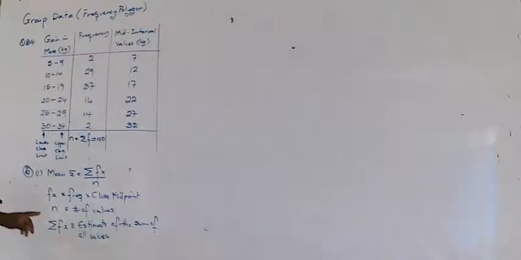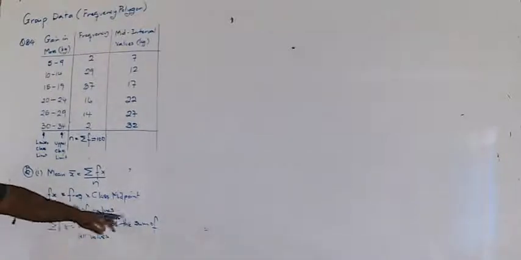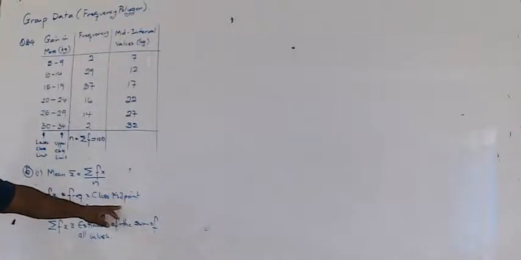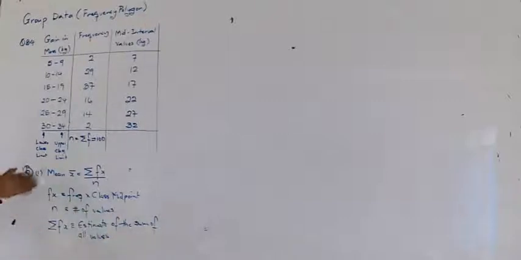So the sum of fx is an estimate of the sum of all values. Why did I say an estimate? Because the values I use in it are the class midpoints. The class midpoint is an estimate. So the mean I calculate using the class midpoint is also an estimate. That is why whenever you're doing group data and the examiner says calculate the mean, he'll always say calculate an estimate of the mean.